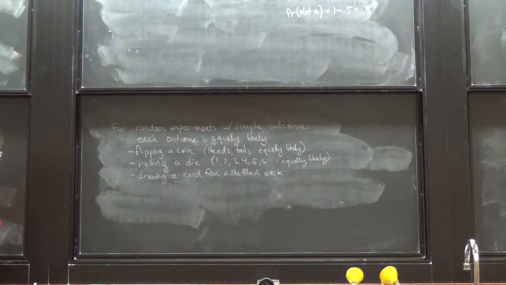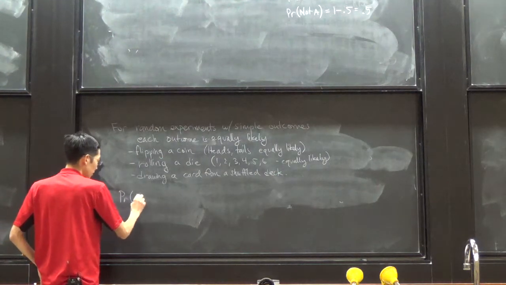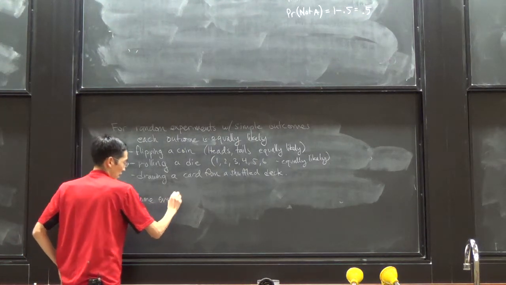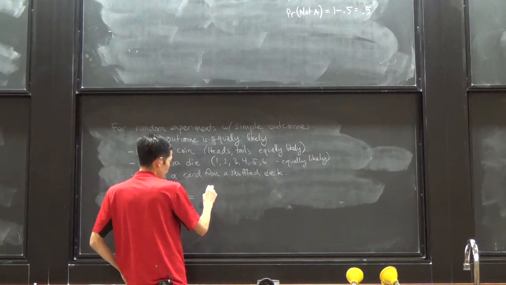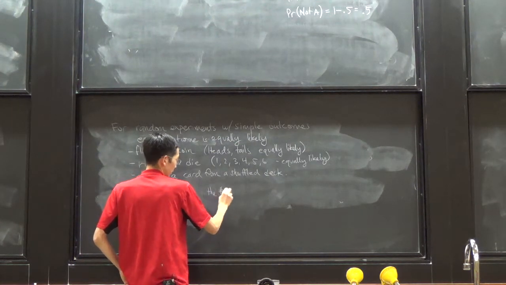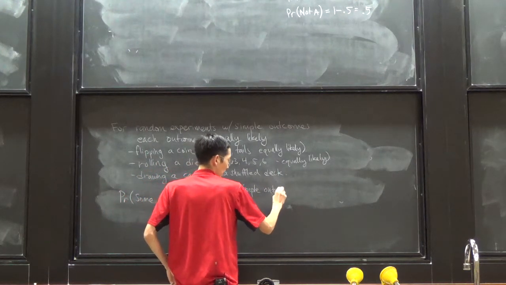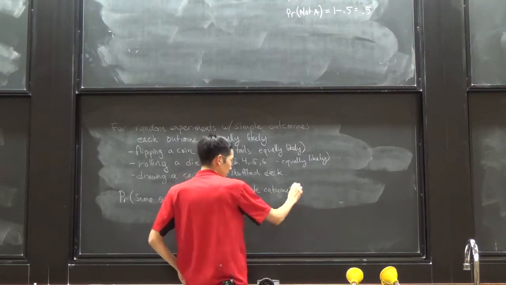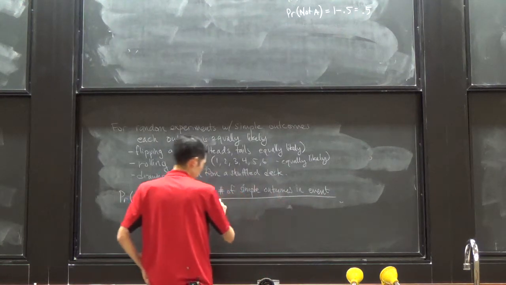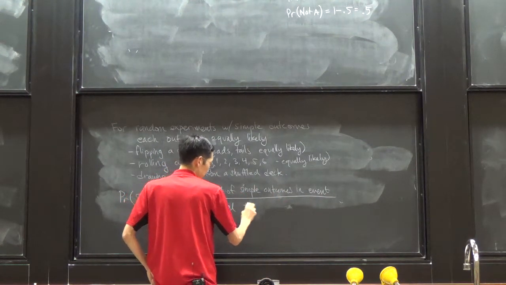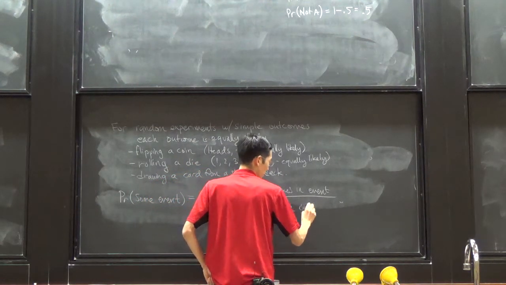So for random experiments with simple outcomes, we can say the probability of some event is equal to the number of simple outcomes in the event divided by the total number of simple outcomes.